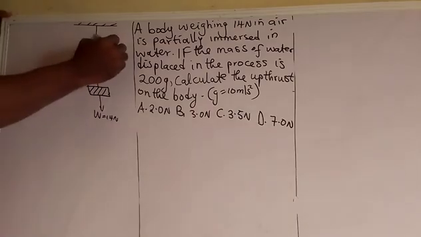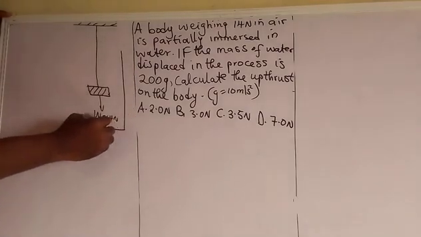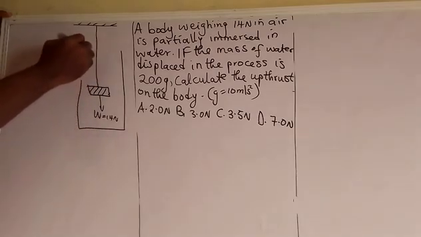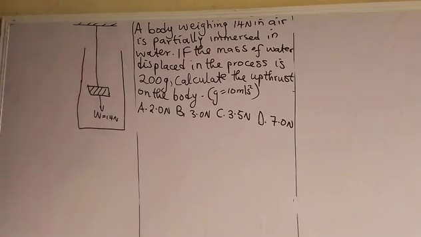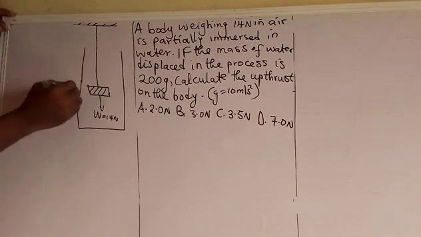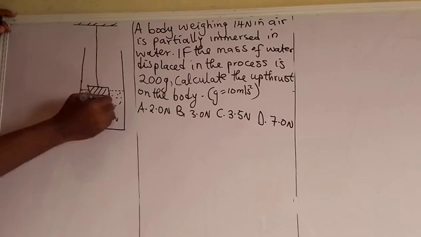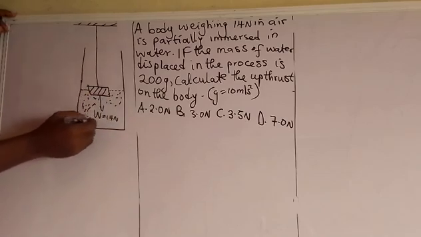But when you put it in a container filled with water, because it was partially immersed, that means not all the volume of the object was immersed in water. Part of it was immersed in water.